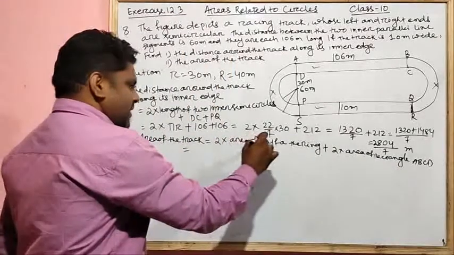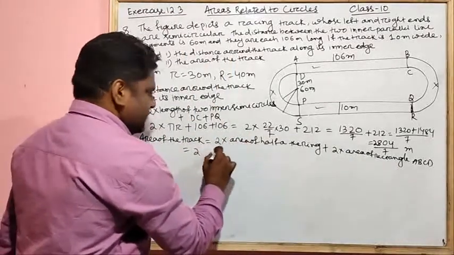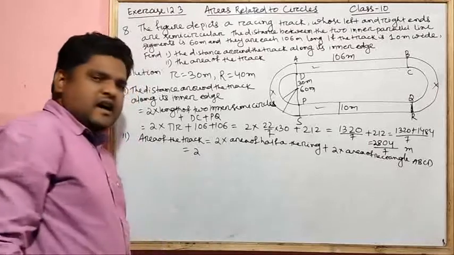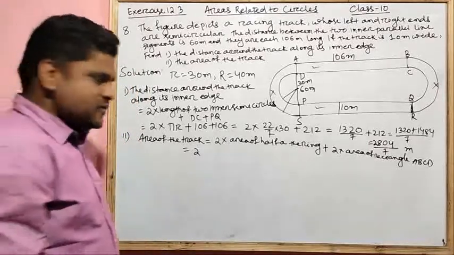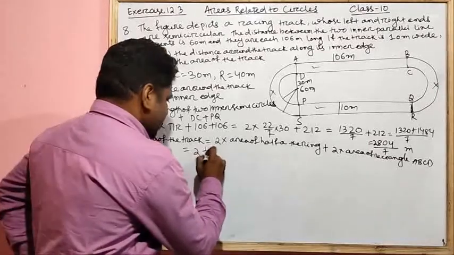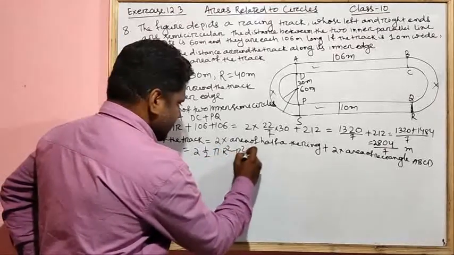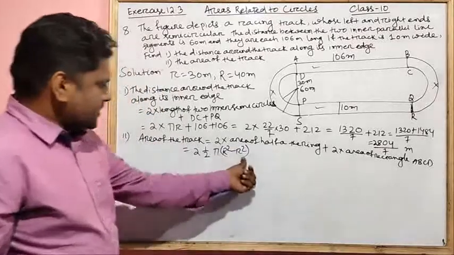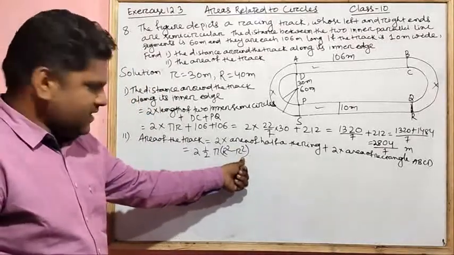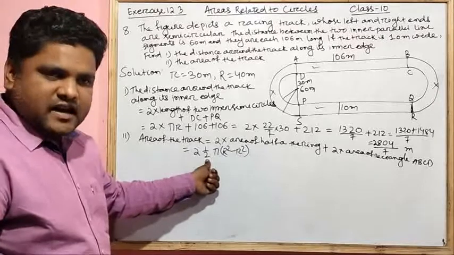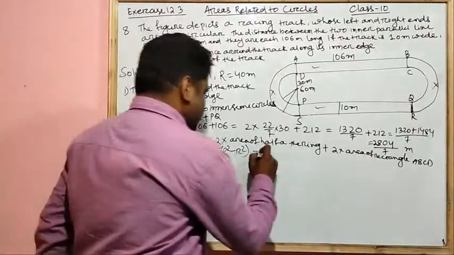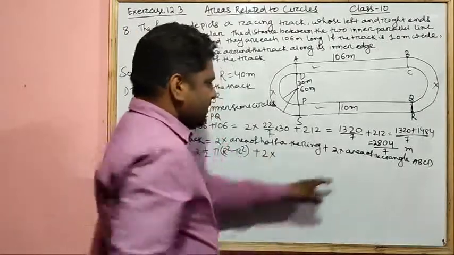So the half of a ring, we know that area of a ring is pi into R square minus r square. So it will be half into pi into R square minus r square. Pi R square minus r square is the formula for area of ring. Then 1 by 2 is area of half of the ring, plus 2 into area of rectangle.